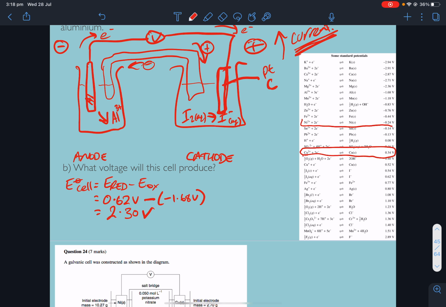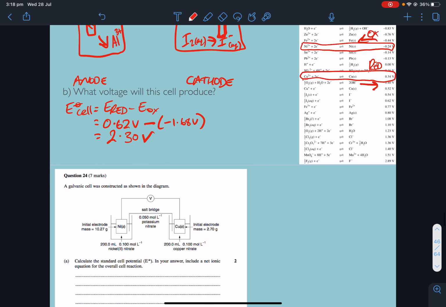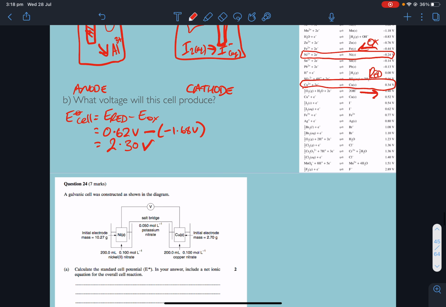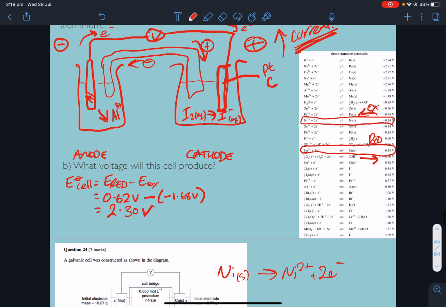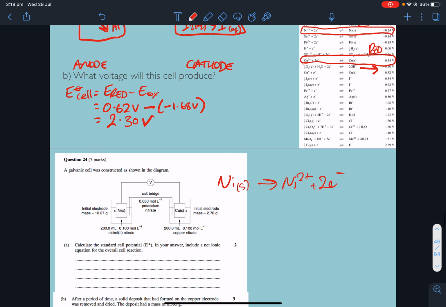So for it to spontaneously work, we're going to need the more positive going is reduction, and the more negative is oxidation. So nickel's being oxidized. That's good. So we've got nickel solid going to nickel 2 plus plus 2 electrons, and copper's being reduced.